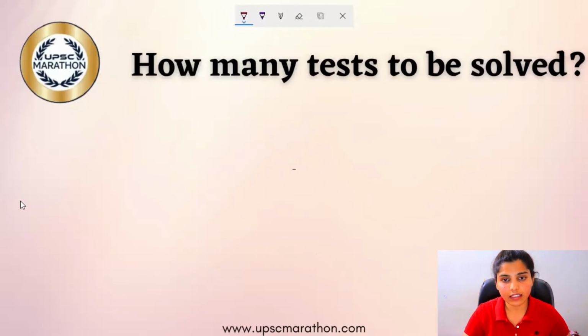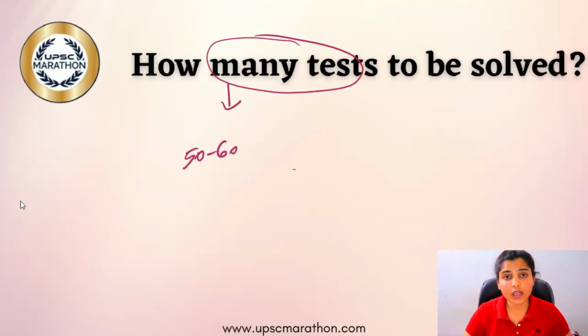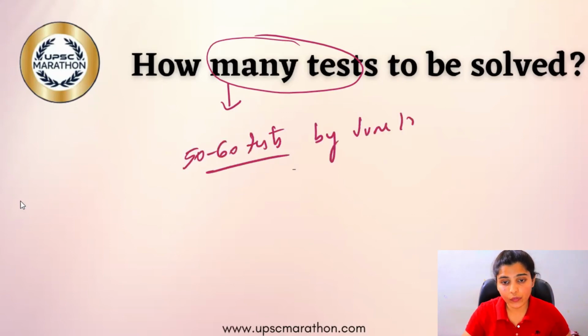Now let's look at finally the most requested question. How many tests are to be solved? You are supposed to solve at least 50 to 60 tests by June 27th. Let's assume by June 15th, you are supposed to solve 50 to 60 tests.